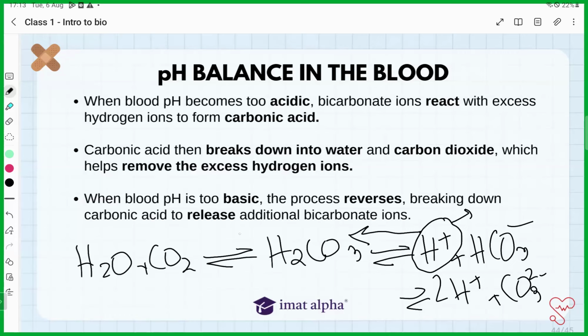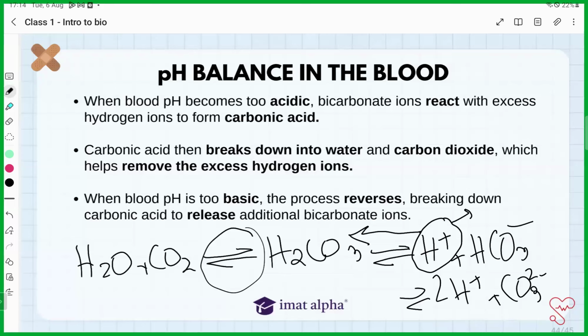So here, when we have a high H plus with the carbonic acid, it will start to increase with bicarbonate ions. It will start to increase the carbonic acid, and vice versa. If we have high carbonic acid in blood, it will start to increase the hydrogen ions and the bicarbonate ions.